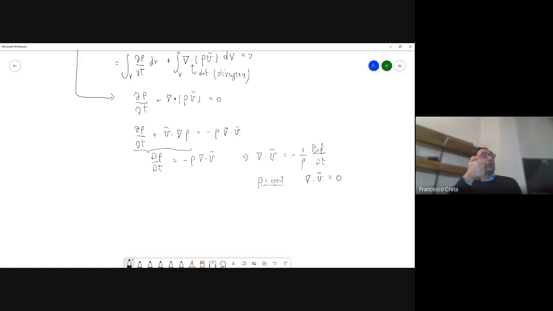So clearly, when you have a hot pocket of air, by buoyancy it will go up, because it's less dense. And this is what happens in combustion. So in combustion in general, the divergence of V will be different from zero, simply because this term here will not be zero at all. But anyway.